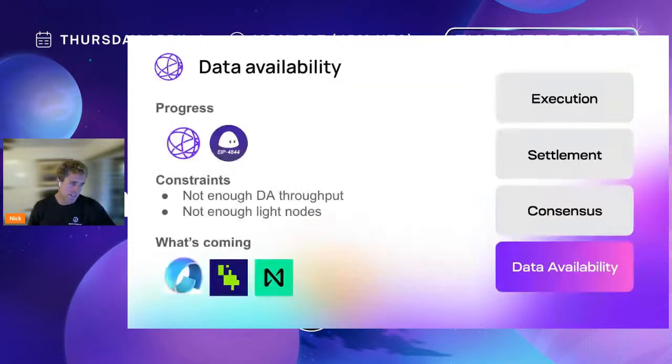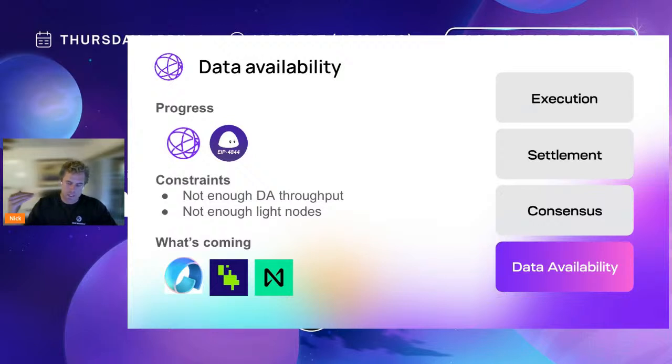And so where we are today is that Celestia launched recently, EIP-4844 launched, and that increased the throughput capacity of the DA layer quite a bit, but still, you know, orders of magnitude away from where we need to be for this future of 1 million rollups. The nice thing is that because there's data availability sampling, it's more about scaling.